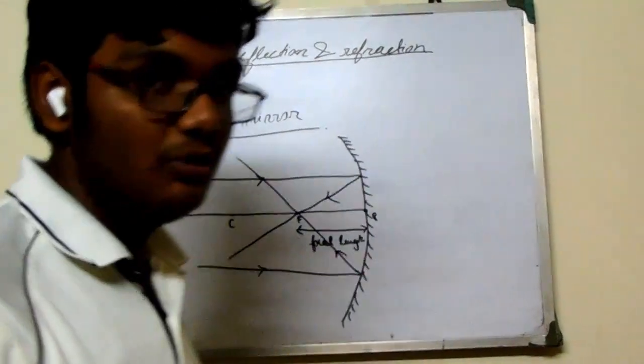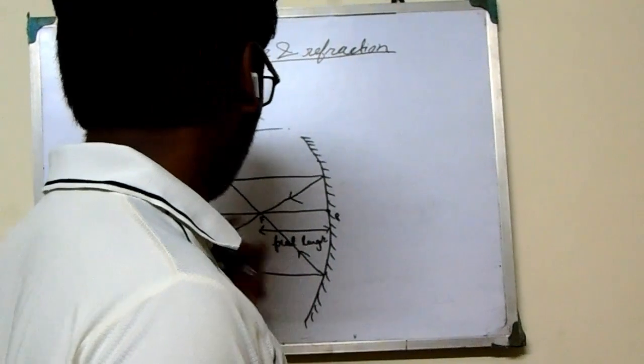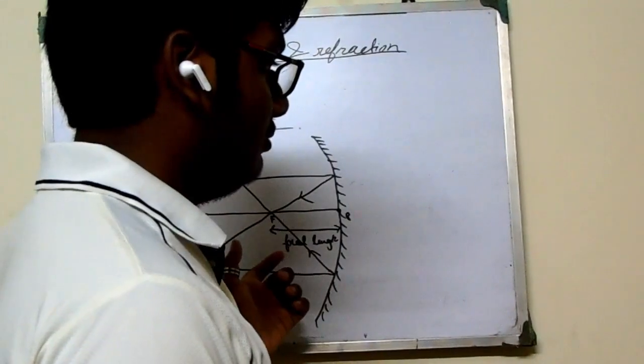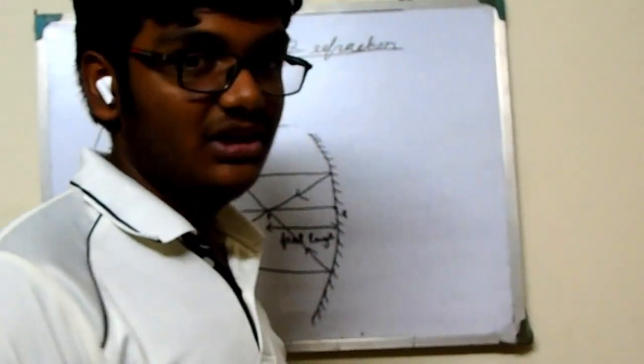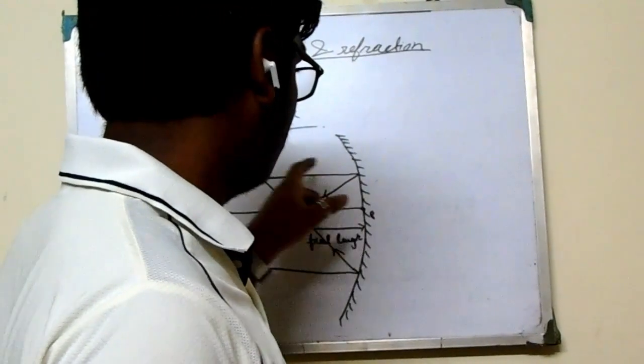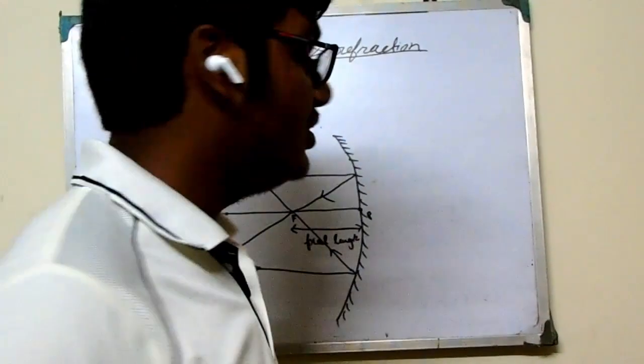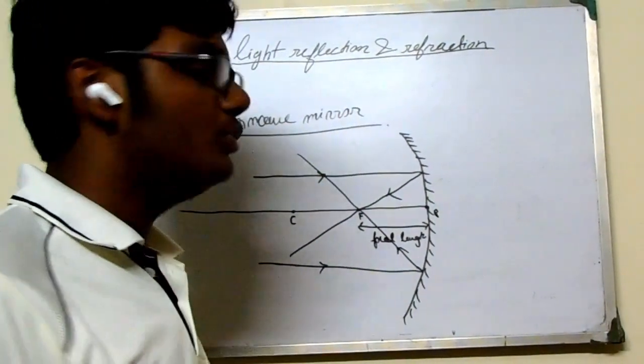You should give the arrow, otherwise it gives an incomplete answer. You will not get the marks if you don't put the arrow. So in the exam you need to do this.